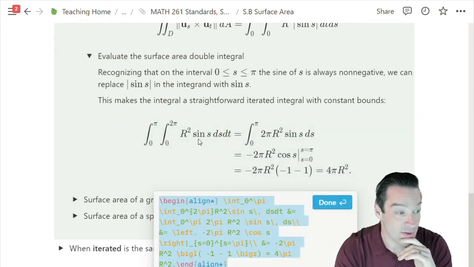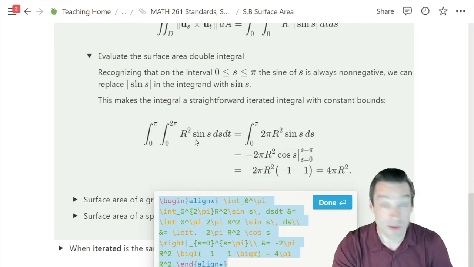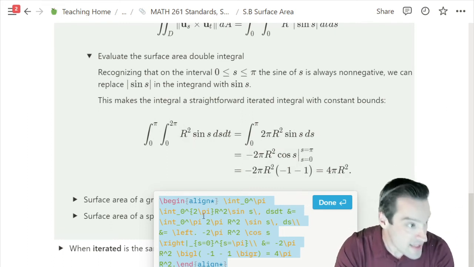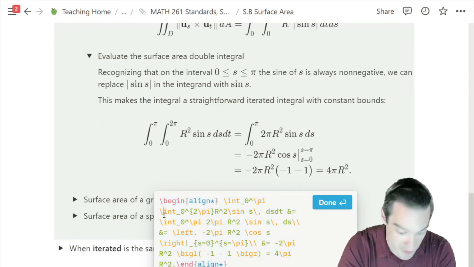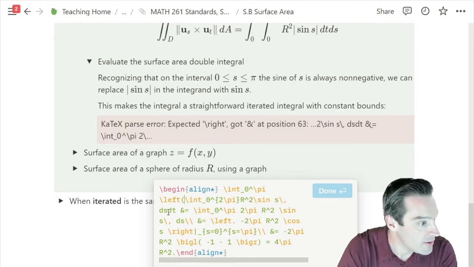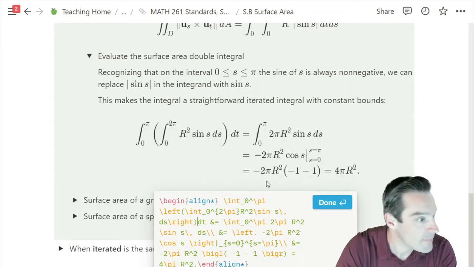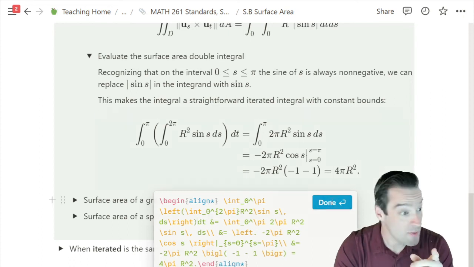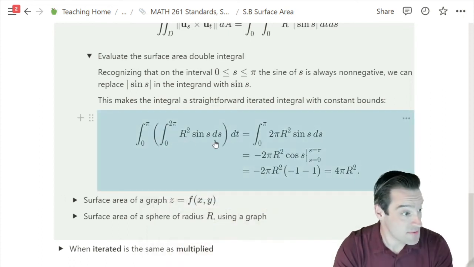Because this integrand, this function here, doesn't have any t's in it at all, in view of the t integral, so if I put some parentheses around the innermost integral here, so parentheses around my s integral, this whole quantity in the parentheses there is just a constant. It's not going to have a t in it, right?